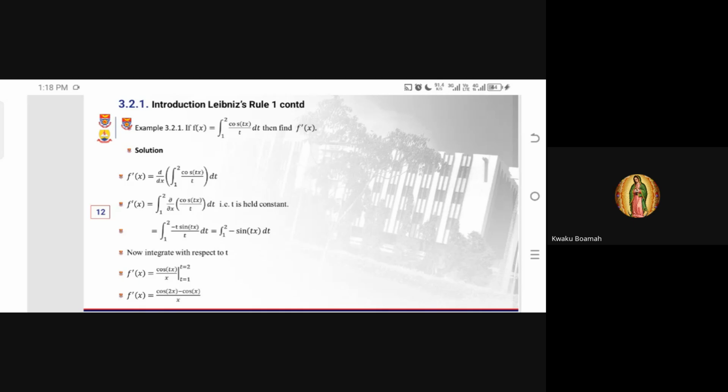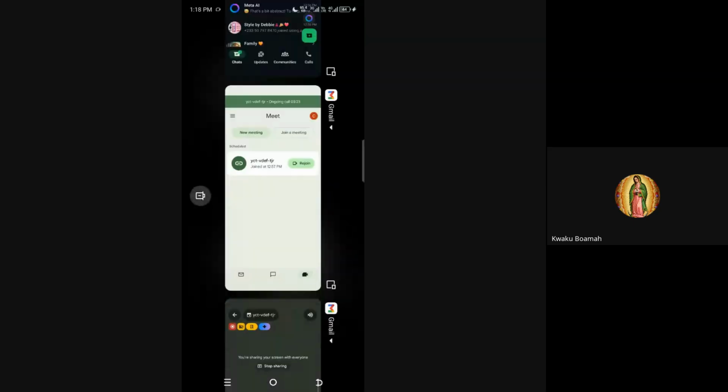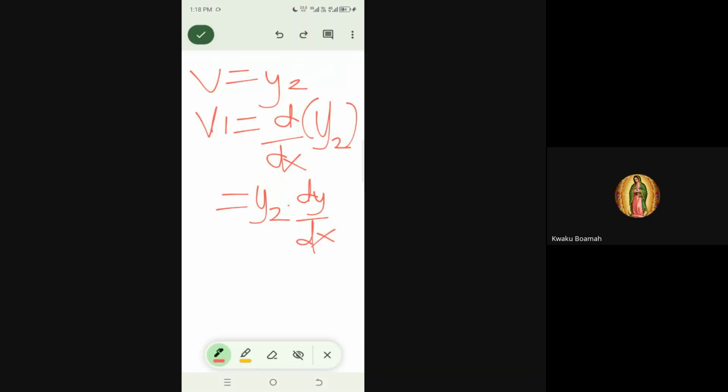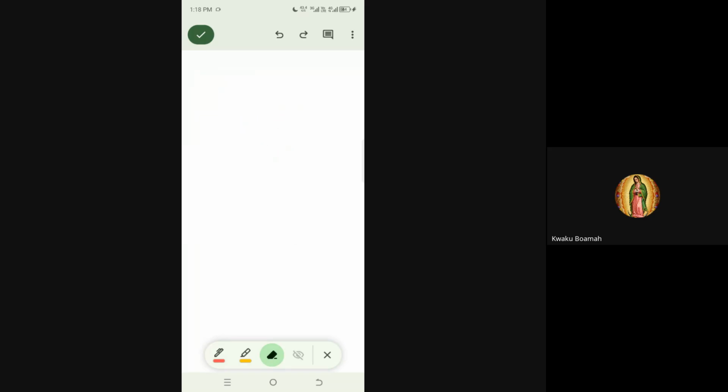Are we okay? So let me go to the board. So we have the partial derivative with respect to x of this function cos tx over t.